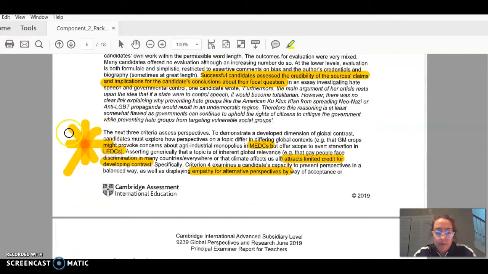This next little star that I have here is because I don't think I've introduced these terms to you, MEDCs and LEDCs. MEDC is a more economically developed country, and it's the way that we want to refer to a country's level of economic development. I hear every year the term third world countries, and that's not appropriate.